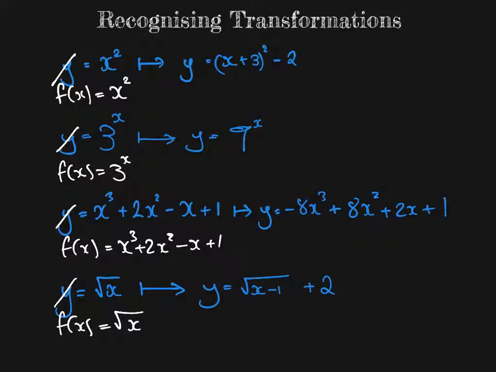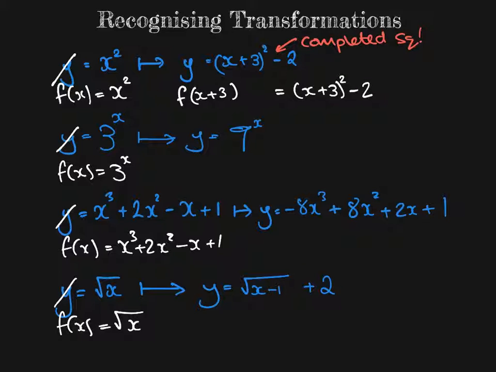So this is a classic one, completed square. Note, this is the completed square. And what's happened? We've done f of something and ended up with x plus 3 squared now instead of just x squared. So that must have been x plus 3 in there. And then there's a minus 2, so there must have been a minus 2.